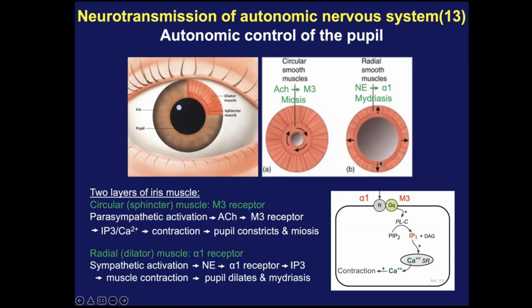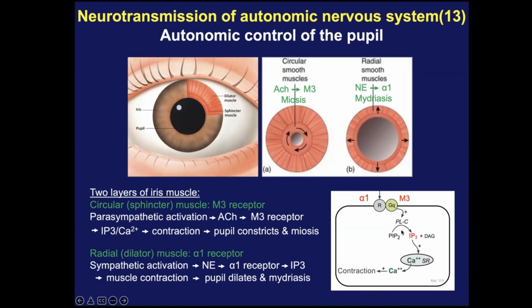In the outer layer of the iris muscle, which is called radial or the dilator muscle, this muscle expresses the alpha-1 receptors for the norepinephrine. During the sympathetic activation, the norepinephrine is released to this muscle, and it will activate the alpha-1 receptor.